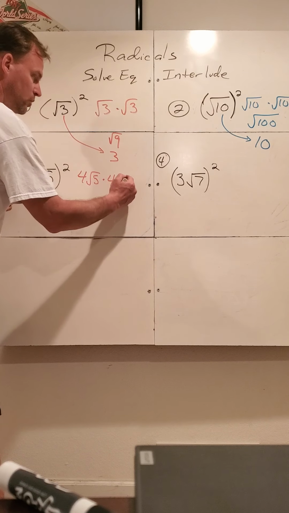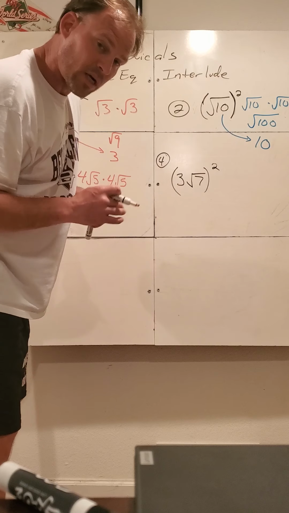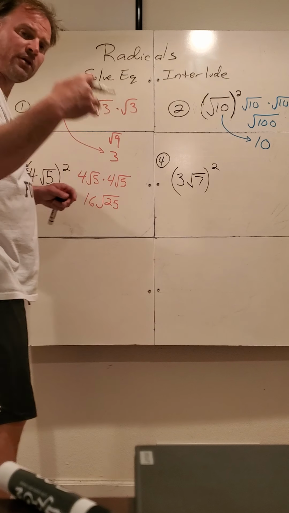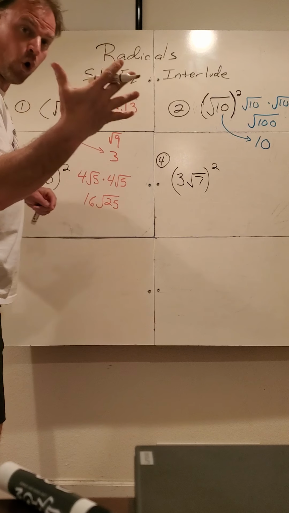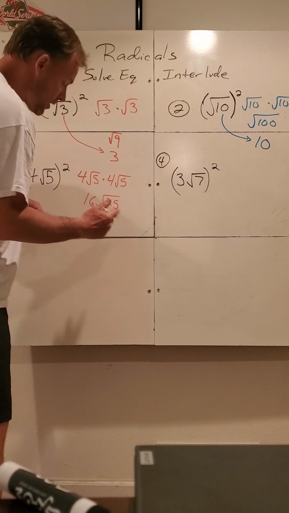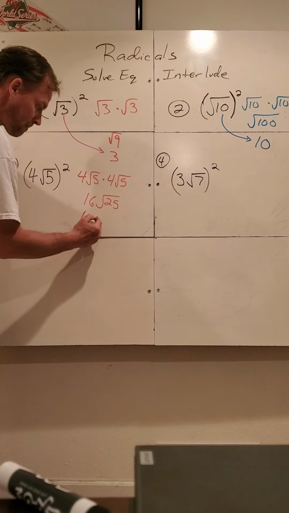Exactly right. Big numbers times big numbers, radicals times radicals. 4 times 4 is 16. 5 times 5 is 25. But, as we've touched on, the square root of 25 is 5. Whole number 5. No more radicals. So now I have 16 times 5, which is 80.